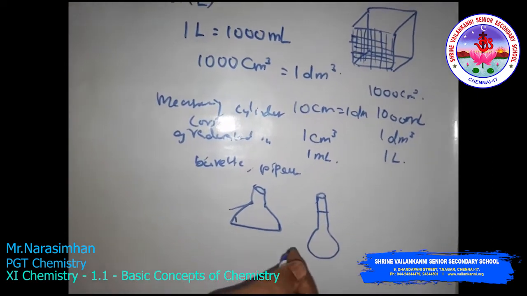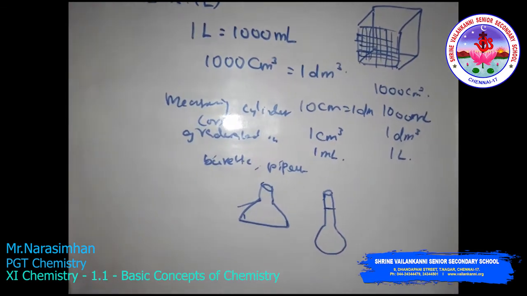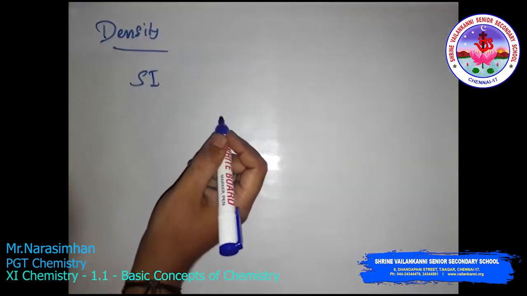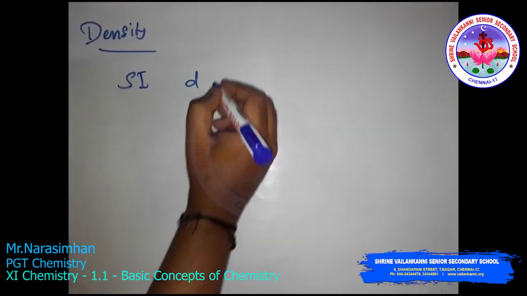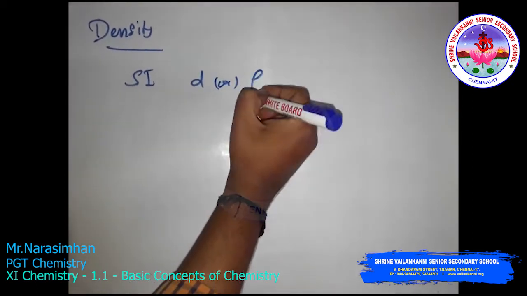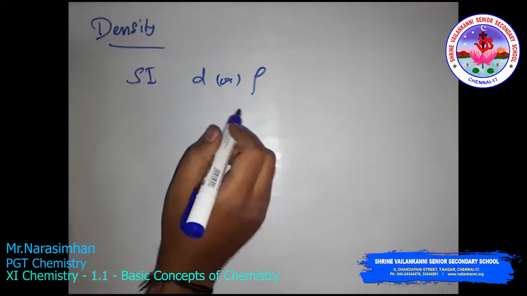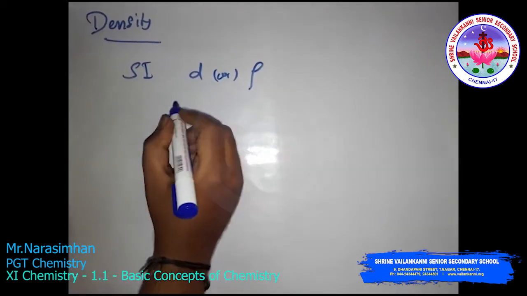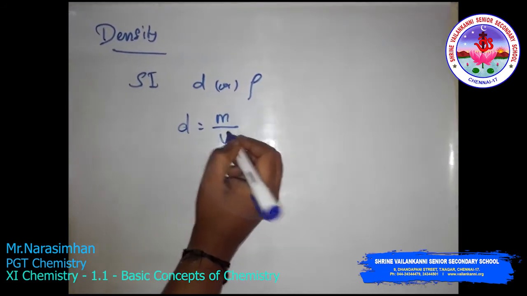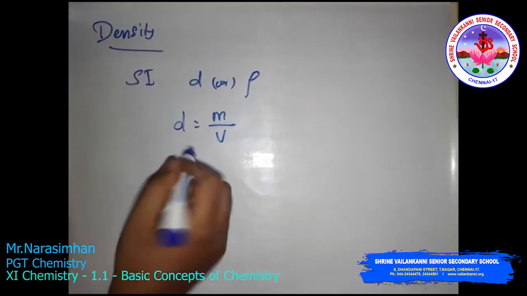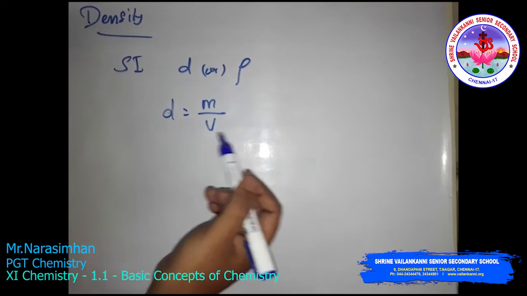Next we will discuss density. Density is denoted by the symbol D or sometimes rho. D is equal to mass by volume. So the SI unit of mass divided by the SI unit of volume.